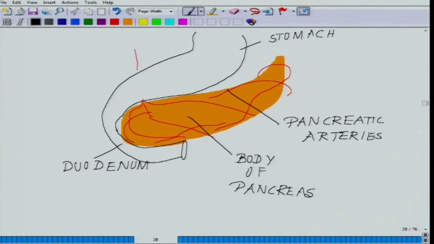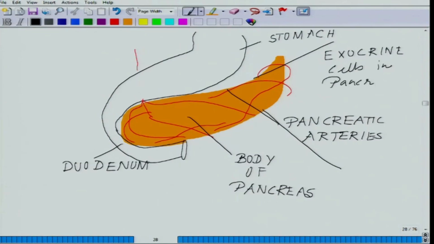And out here, if I had to do the cross section, are the exocrine cells in the pancreas, which are also called acini, and those acini are something similar to, let me draw the acini in the next slide. Acini are very interesting structures.